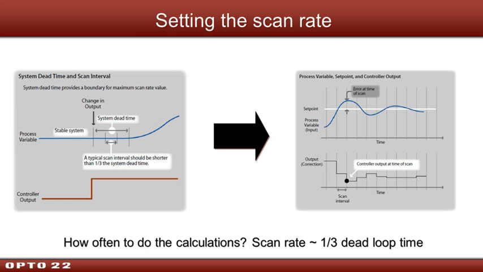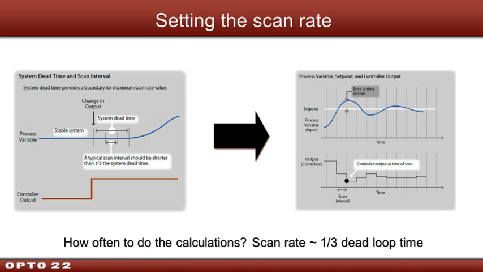If you set it at the dead loop time, you're going to have a very sluggish PID, and it's going to be hard to tune because you're only going to be doing the calculation every time you expect a change, and so it's going to be constantly lagging. You don't want to do it too fast either. If you're pounding away at the PID loop, it's going to be doing the calculation very frequently, to the point where it's not actually seeing a change for the scan rate that you put it through.